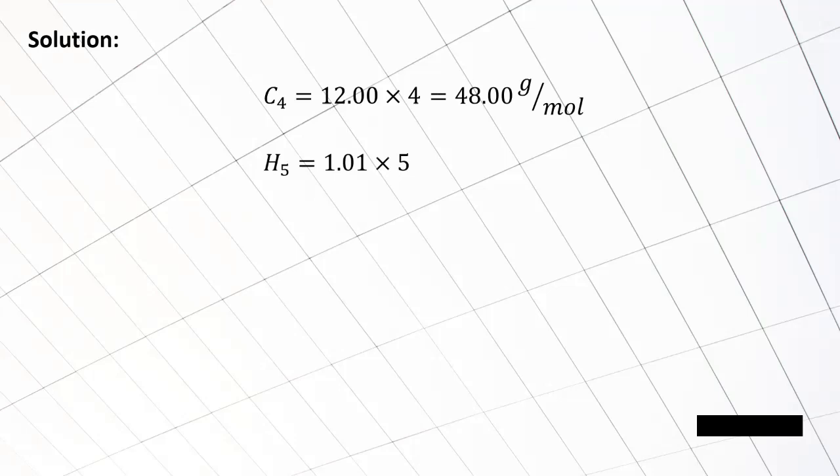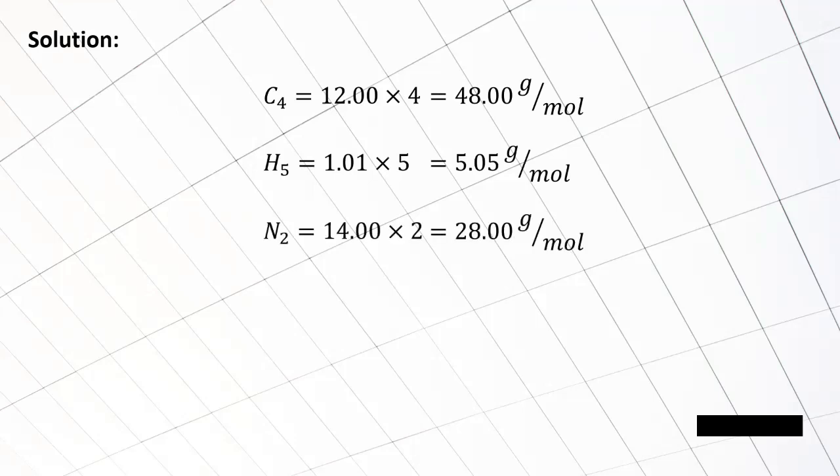We know that hydrogen has 1.01 grams on each mole, and since we have 5 moles of hydrogen according to our empirical formula, we'll just multiply 1.01 grams by 5. With that, we will get 5.05 grams per mole. And by doing the same process for our nitrogen, we will get 28.00 grams per mole. And lastly, for our oxygen, by simplifying the equation, we will get 16.00 grams per mole.